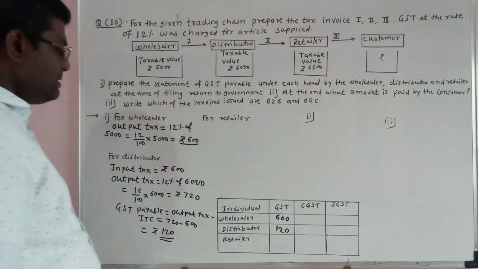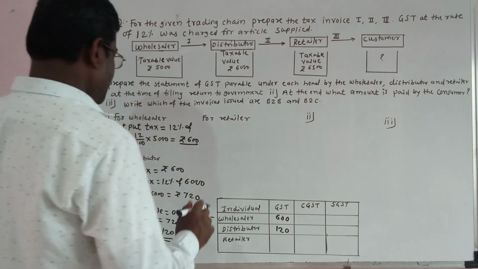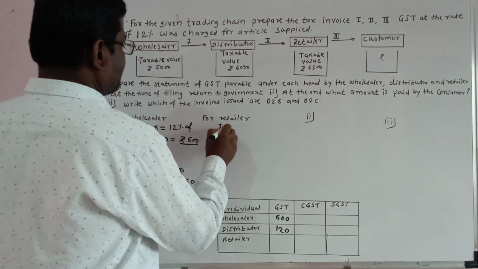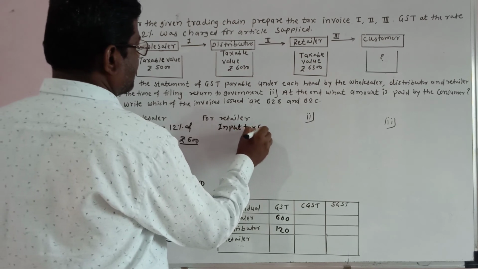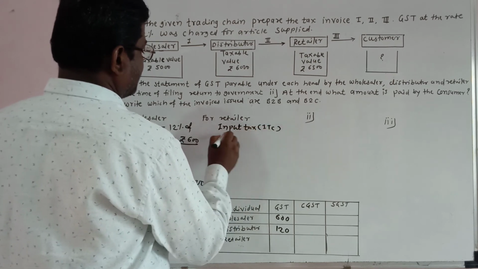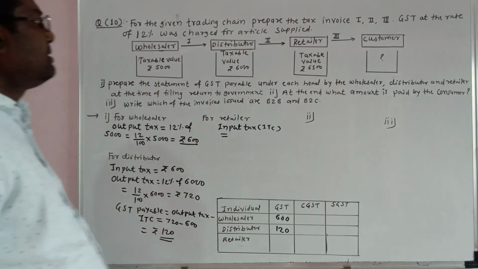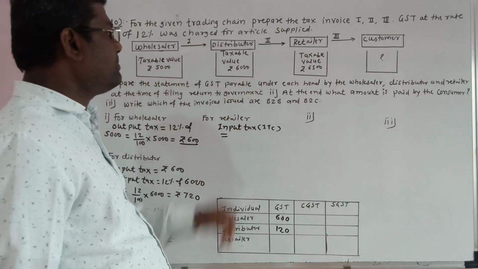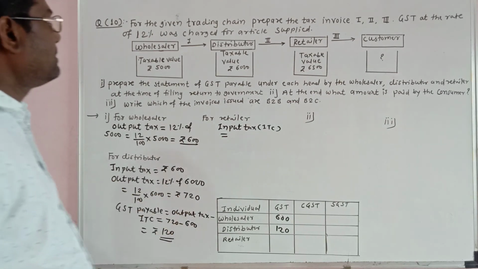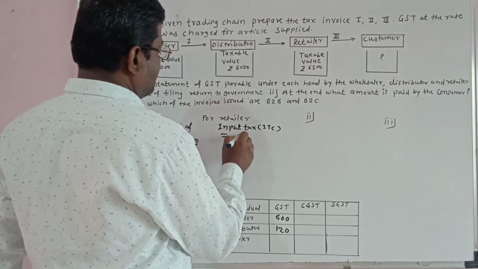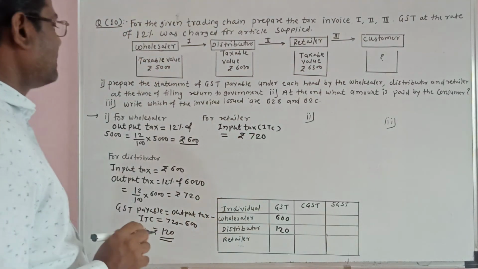Now let's find the GST paid by the retailer. For the retailer, input tax, that is ITC, is the output tax of the distributor. So the distributor's output tax is 720. That is the input tax for the retailer.